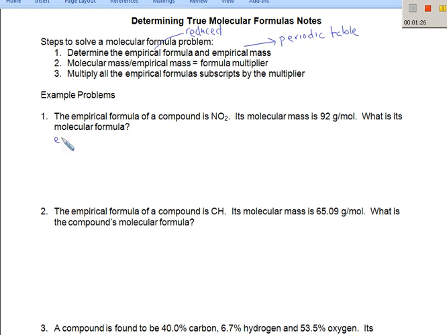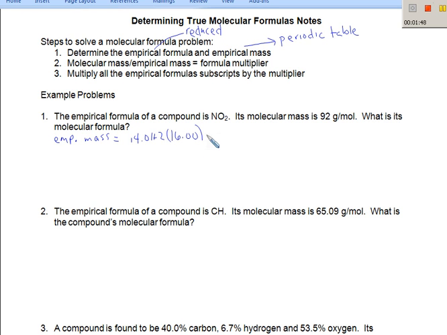So let's abbreviate this. Empirical mass is going to be 14.01 plus 2 times 16.00.